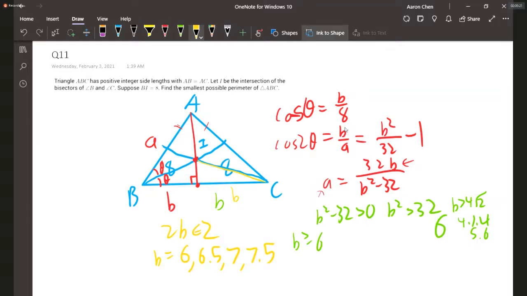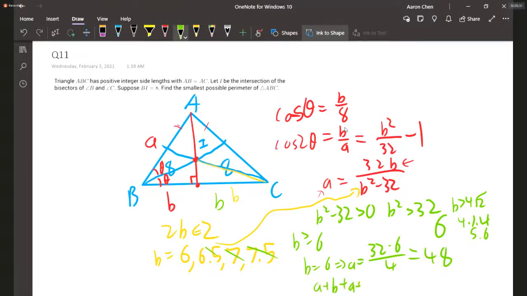And so now we can plug each of these into this expression for A. And when we do, we see that all of these three don't give an integer value of A. And when B equals 6, we have that A is 32 times 6 over 4, which is 48. And the perimeter of triangle ABC is A plus B plus A plus B, which is 2 times 48 plus 6, which is 108. So are there any questions about this problem?